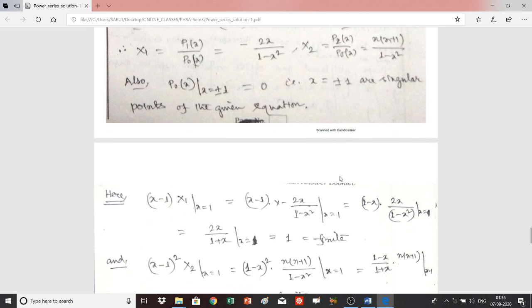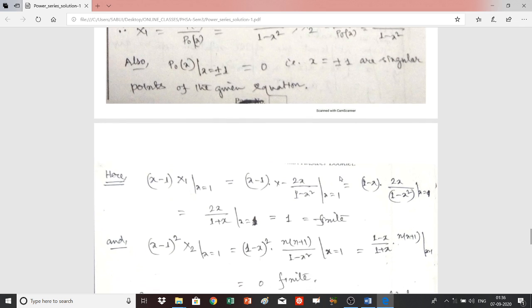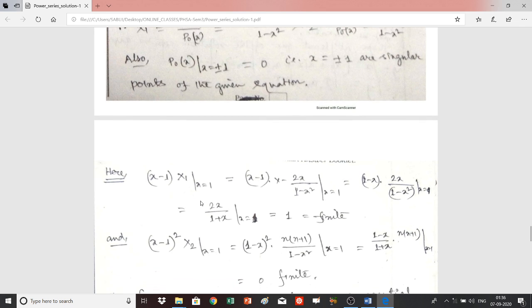So here, check the values of x minus a into X1 at x equal to a, and x minus a whole square into X2 at x equal to a. These two terms we have to find out.